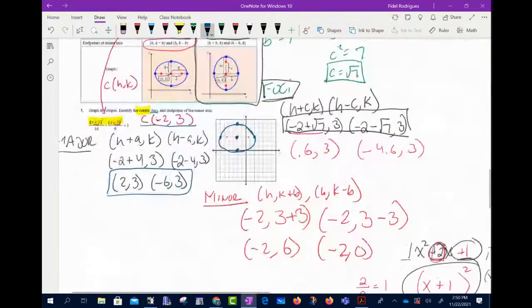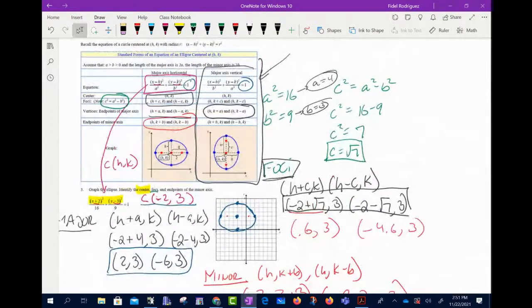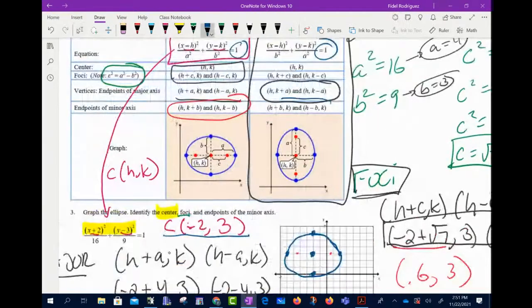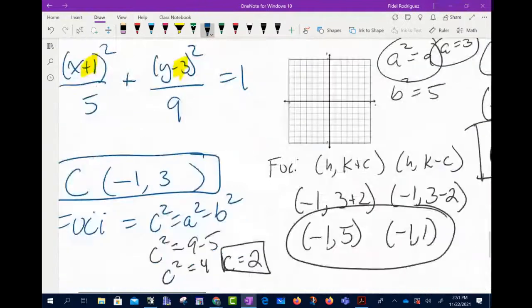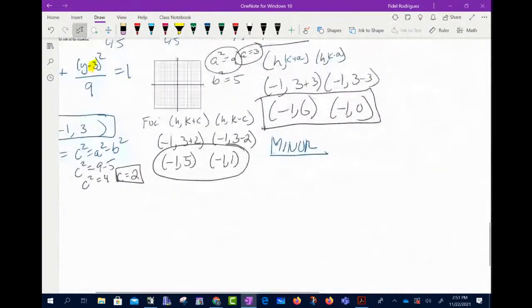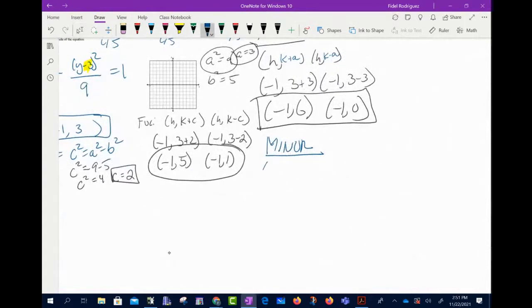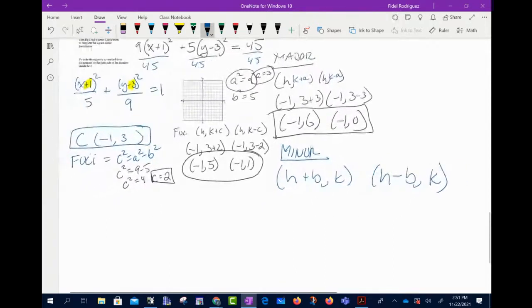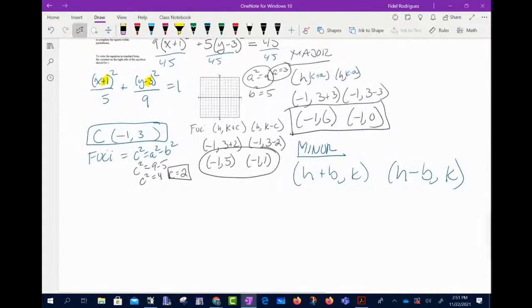Okay, so let me scroll back to find the one for the minor. So look right here, y'all. For the minor, it is (h plus b, k) and (h minus b, k). So for my minor, it's (h plus b, k) and (h minus b, k).